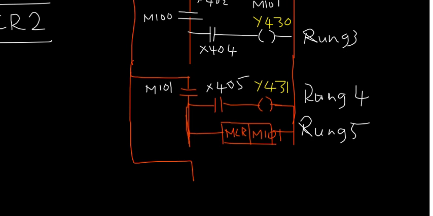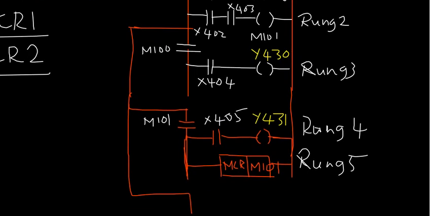So I can put a stop rung, I mean like MCR M100, or you can leave it like this because I have not taken any specific example here. It is only an illustrative example of how more than one rung can be drawn in a particular ladder diagram, okay. Or how more than one MCR can be drawn in the ladder diagram, or how you will find the effect of more than one master control relay in the ladder diagram.